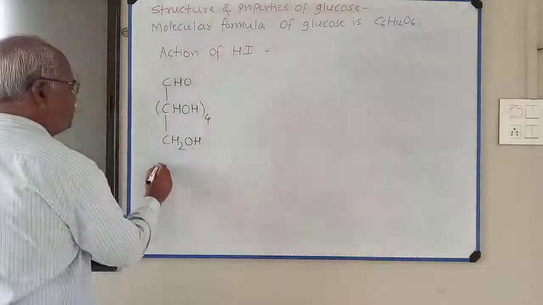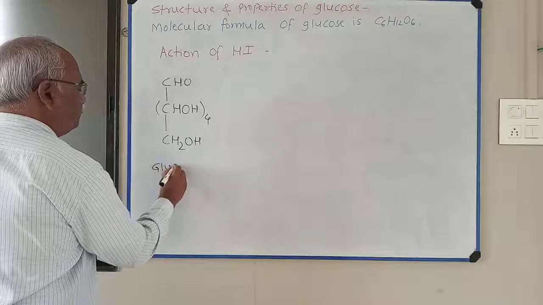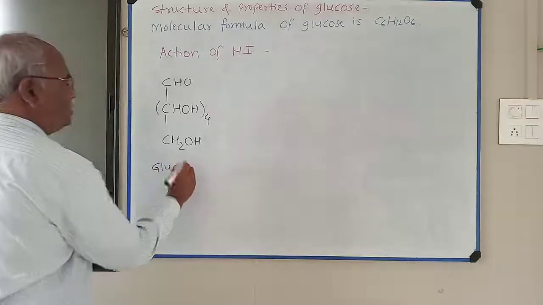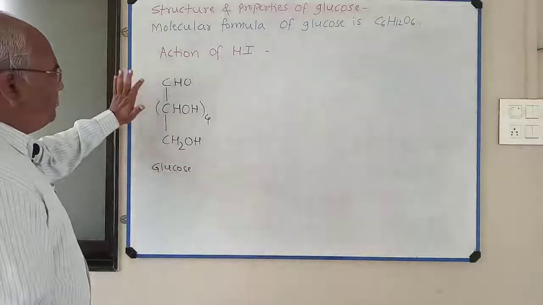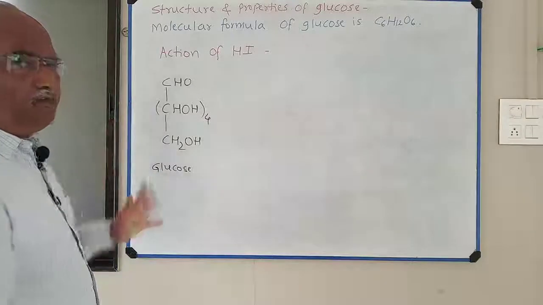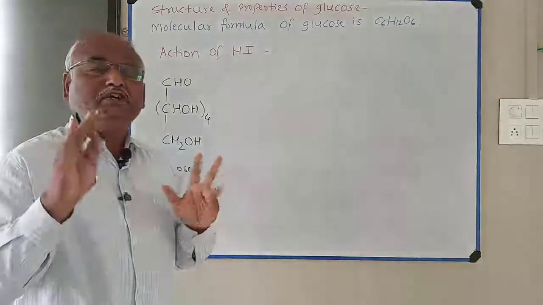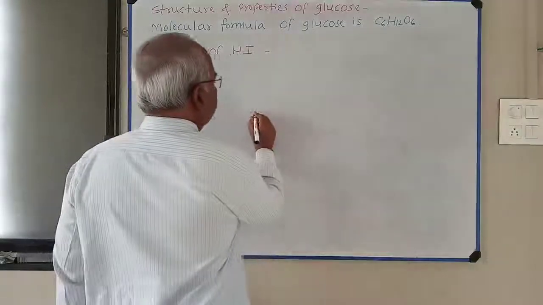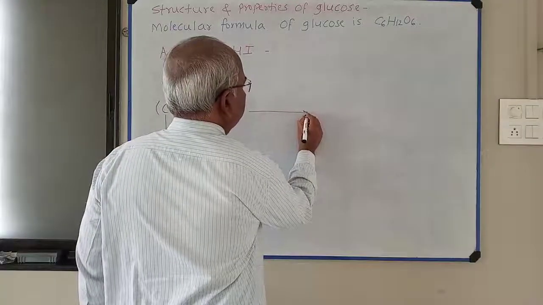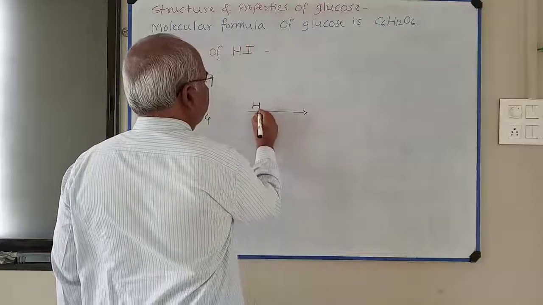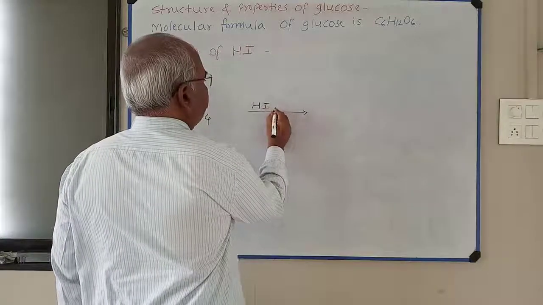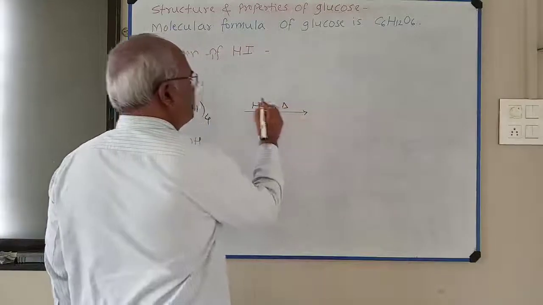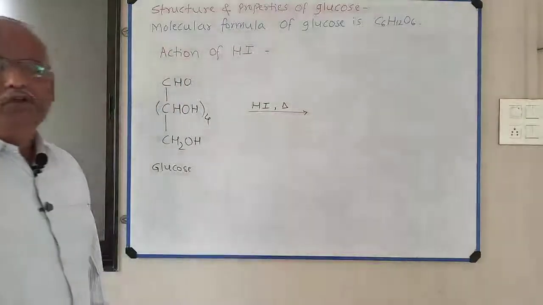This is glucose molecule. This structure was developed by studying properties of glucose. So the first property is that glucose is heated with HI. Heating is represented by delta sign.